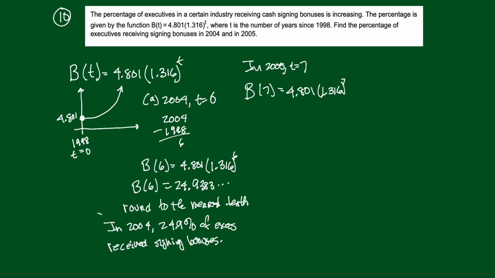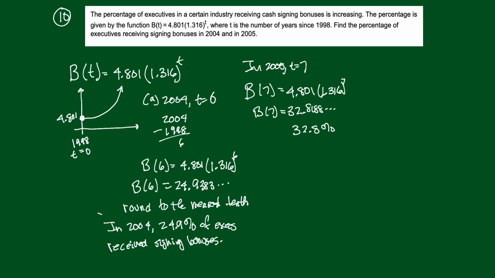And I am getting b of 7 to be equal to 32.8188 and so on. If I round to the nearest tenth, here is the tenth. Look to the right, that's a 1, that's below 5, so just truncate this. So we're going to say 32.8%.